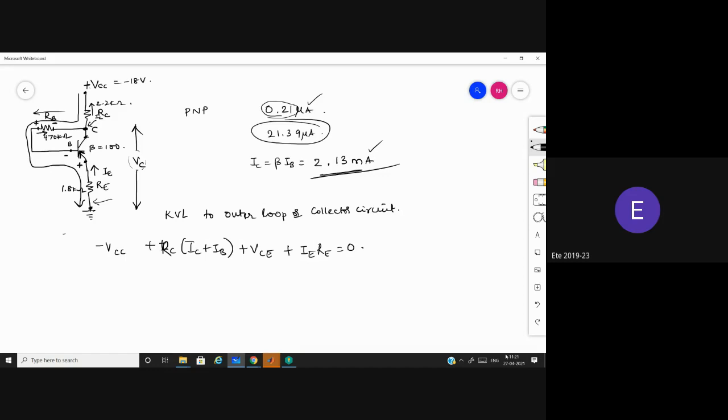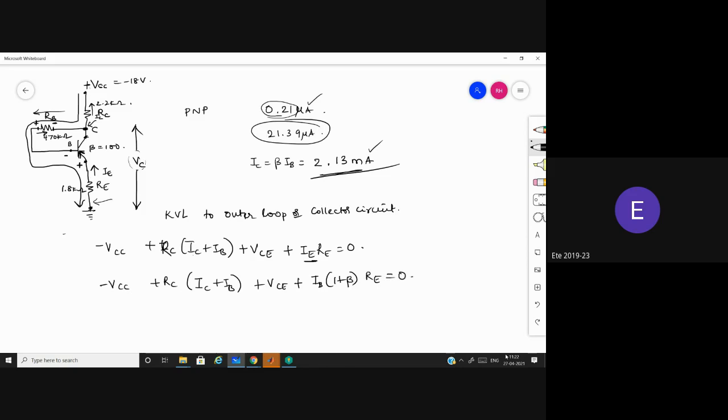Now we don't even know what is IE. So what we need to do here again is convert this IE in terms of IC. So minus VCC plus RC into both IC and IB, which we know anyhow, plus VCE plus IB into 1 plus beta RE.